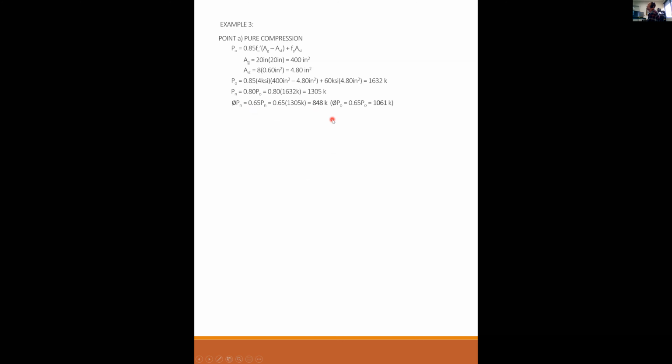And phi P naught, just to give us that point so we know the angle to draw that segment, is 0.65 times P naught, 1,061 kips. And by definition, in pure compression my phi Mn is 0 kip-feet.